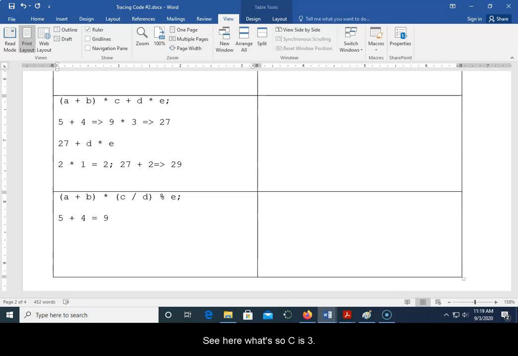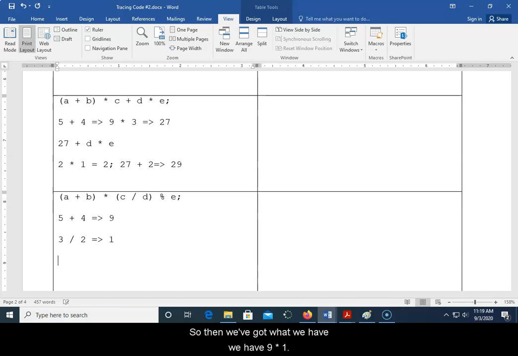And last one, we've got 5 plus 4, that gives us 9. Let's see here. So c is 3 divided by 2. 3 divided by 2, that's going to give us 1, right? Because they're integers. So then we've got, what do we have?